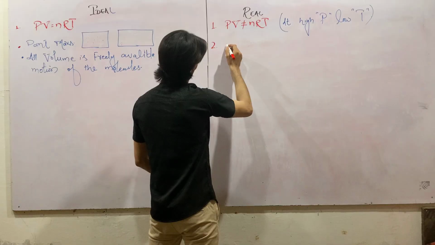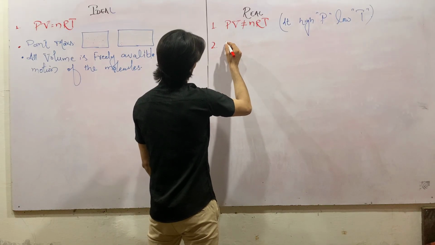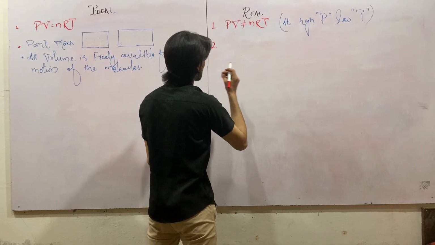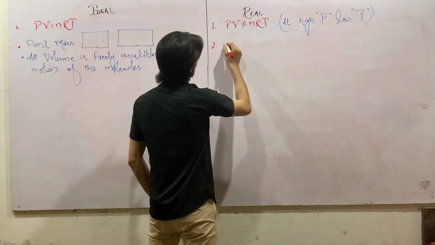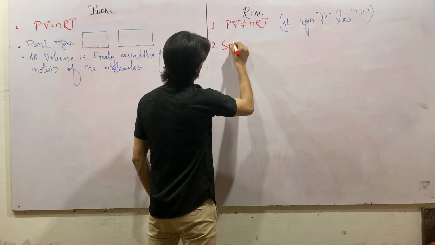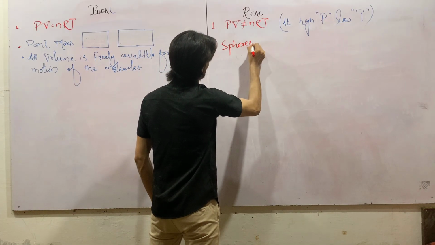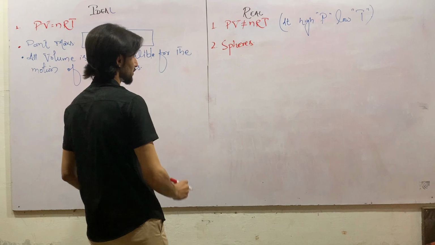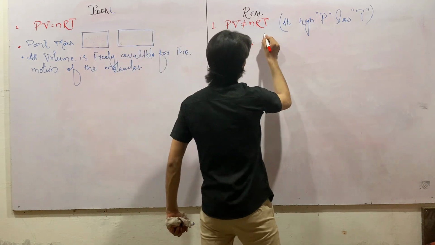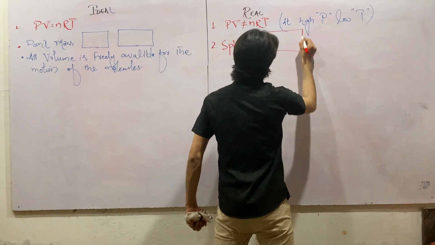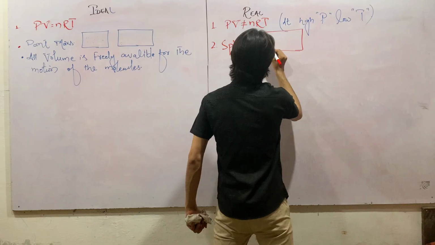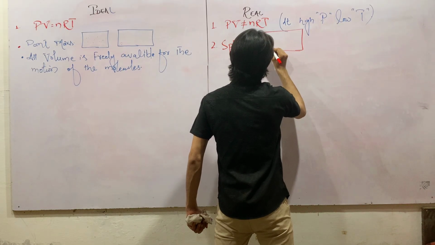So the actual molecules were not point masses, but spheres of mass. Those rigid spheres were occupying some space in the volume at high pressure and low temperature.